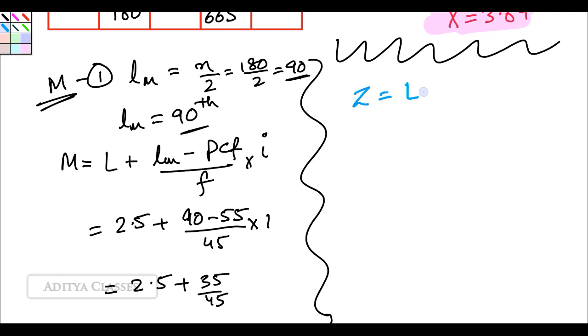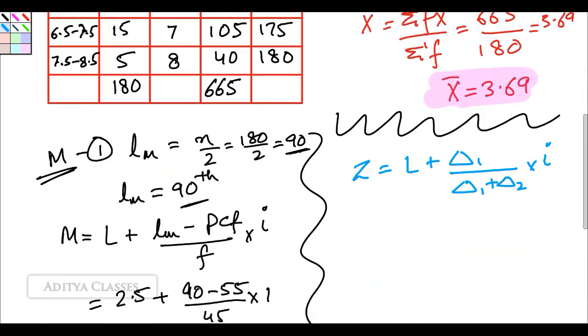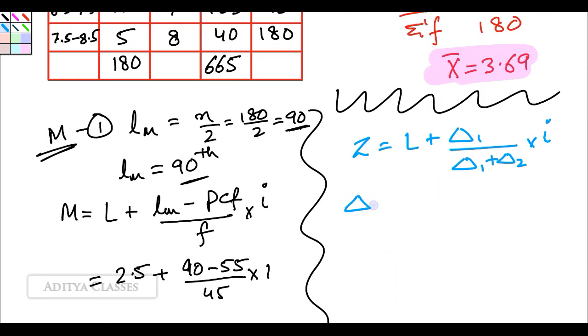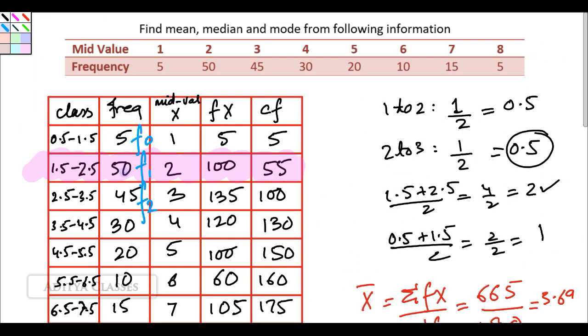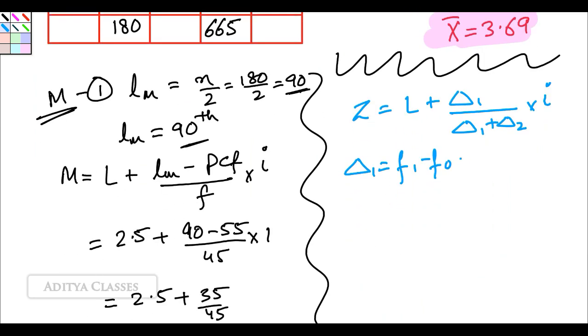Mode is L plus delta 1 upon delta 1 plus delta 2 multiplied by interval. L is lower limit of our modal class, which is 1.5. Delta 1 is difference of modal frequency and preceding frequency. Modal is 50, preceding is 5. So this difference becomes 50 minus 5, that is 45.